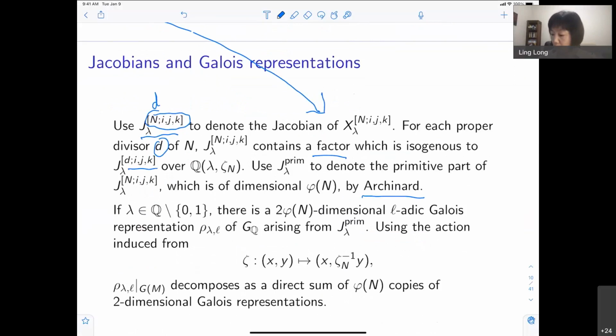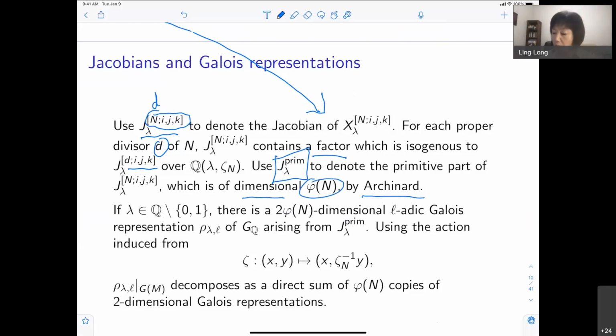Then we can focus on the primitive part instead. The primitive part, according to Archinard, under the non-degenerate assumption, which means generically there are 4-point ramification instead of 3-point, she computed that the dimension of the generic part is going to be the Euler totient of the least common denominator.